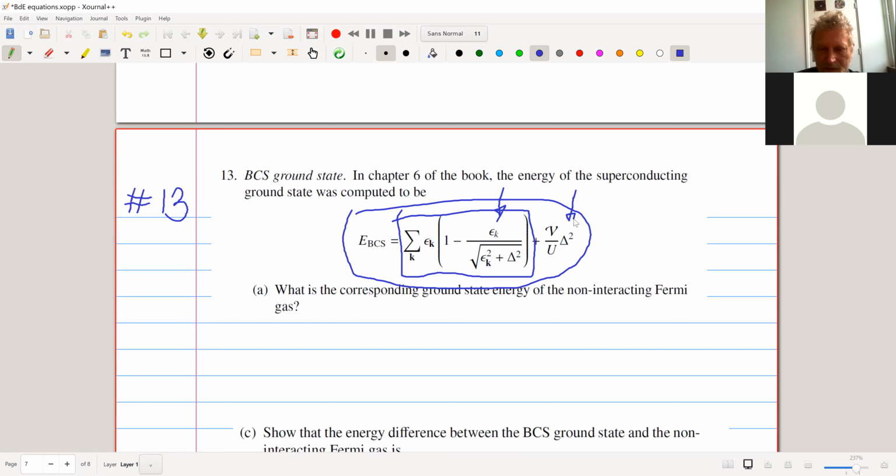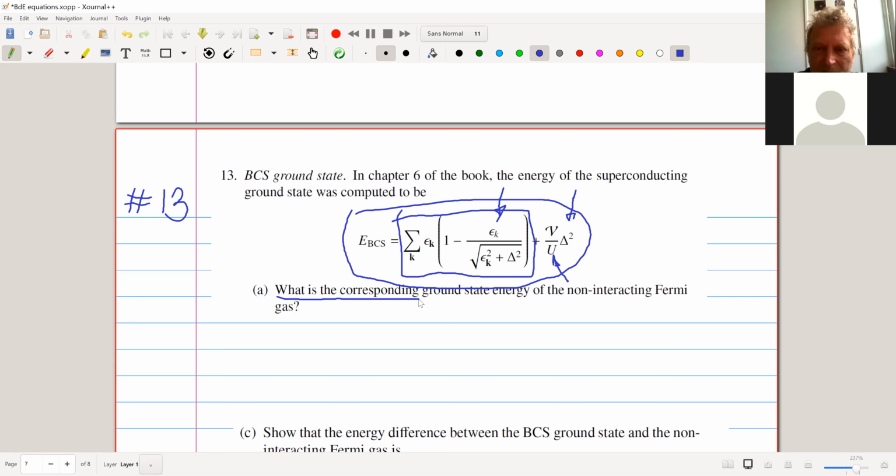I guess I missed something in this transparency. Did I put it further on? Oh, no. Okay, I got it. And we have to deal somehow with this coefficient U with interaction. All right. Let us first answer this question. What is the corresponding ground state energy of the non-interacting Fermi gas?